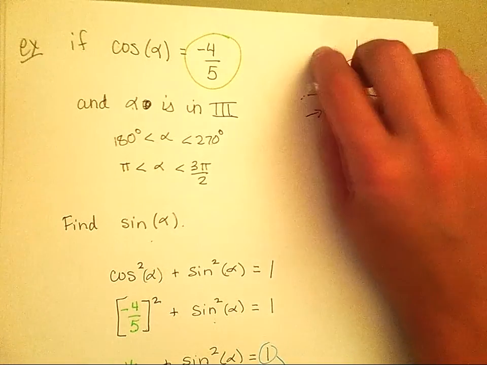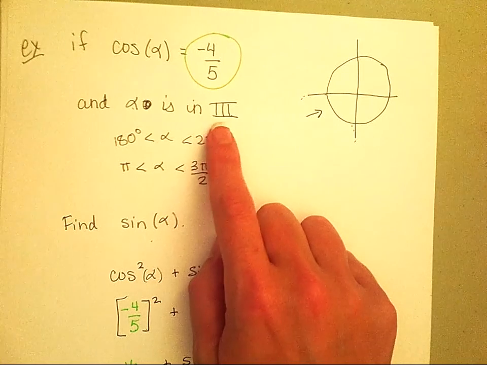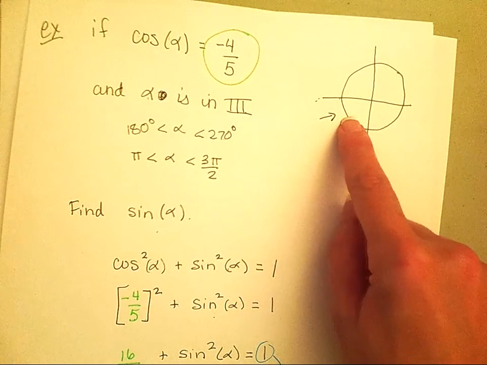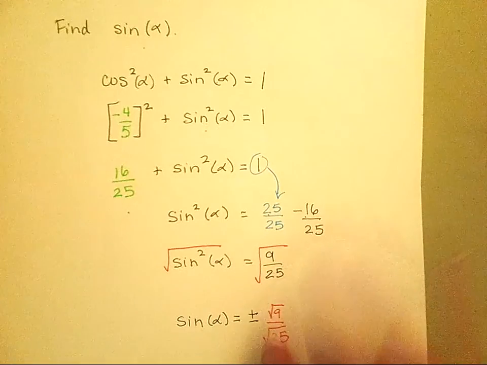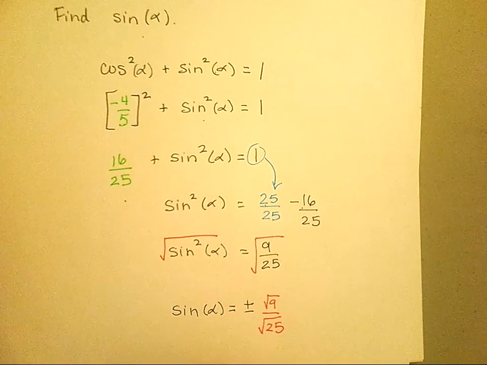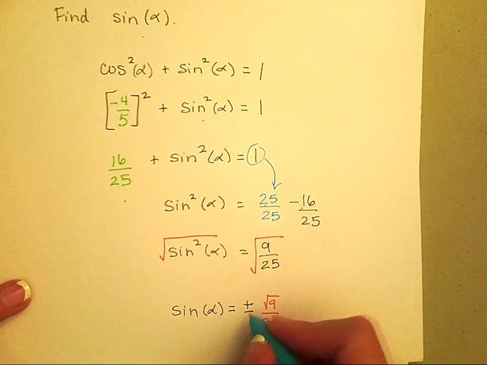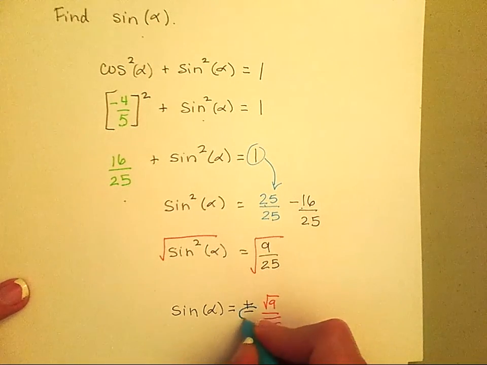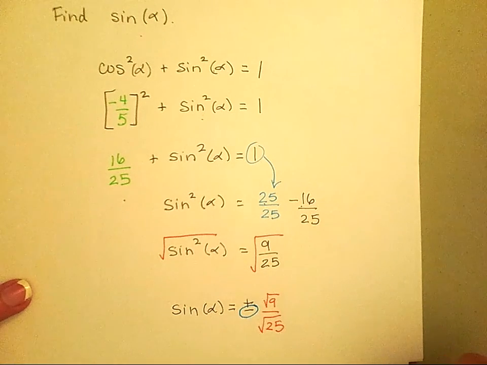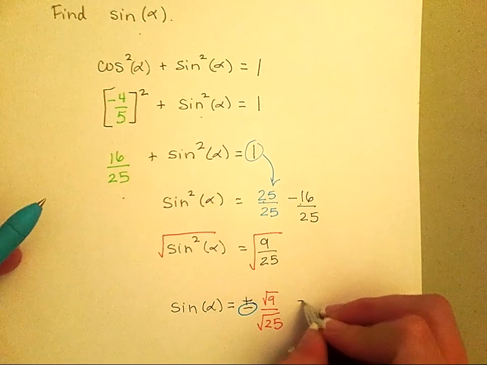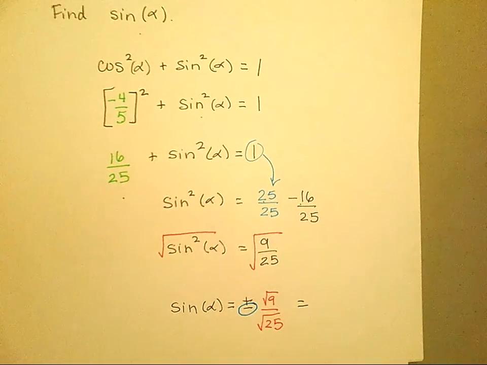Well, for that, I have to go back and find out where we were at. Alpha is in quadrant 3. So if alpha is in quadrant 3, our angle, which should we pick, the positive or the negative? Well, to be in the second or the third quadrant, you have to go negative in the x and negative in the y. So we'll take the negative.